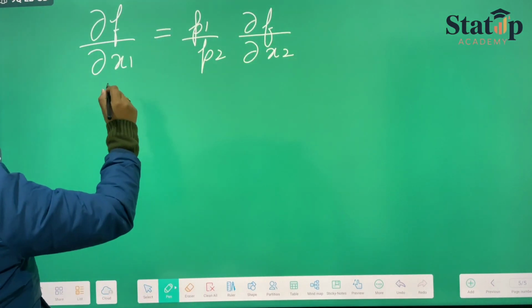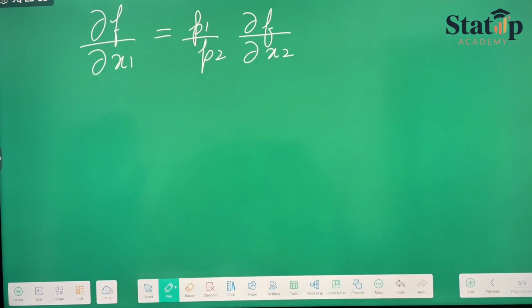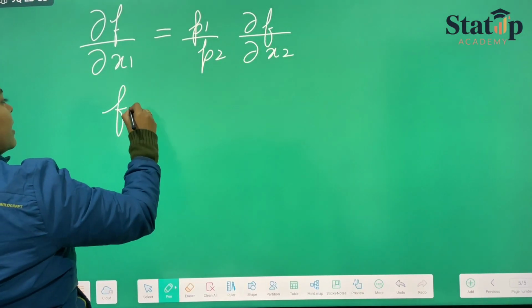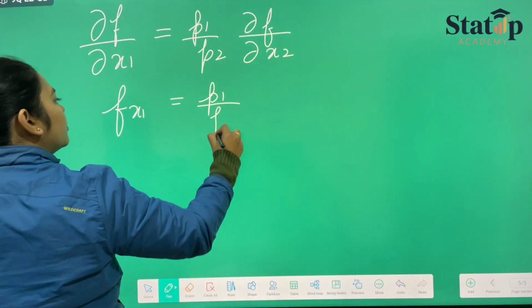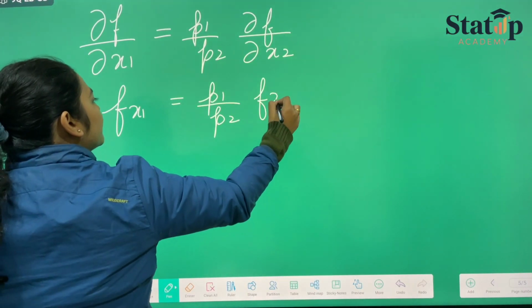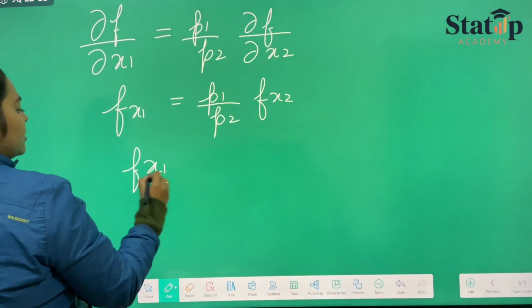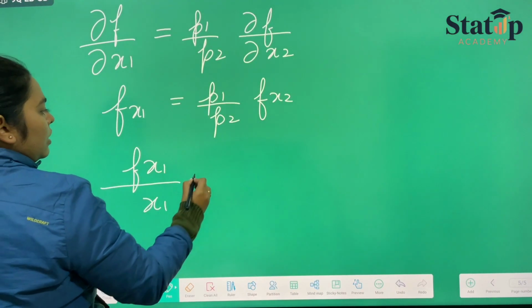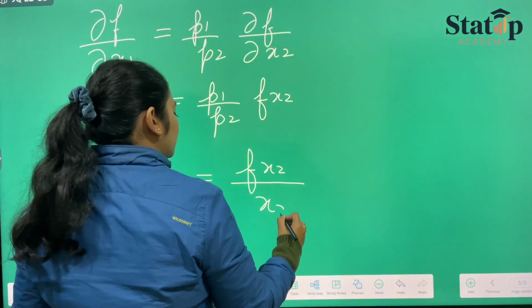Now I am writing delta f upon delta x1 as fx1, so fx1 equals p1 upon p2 times fx2. If I equalize this, fx1 upon p1 equals fx2 upon p2.